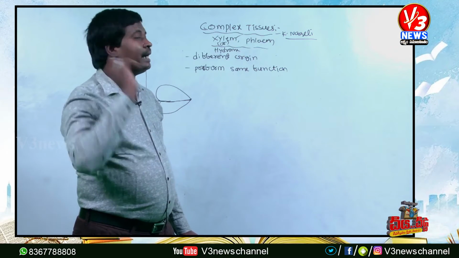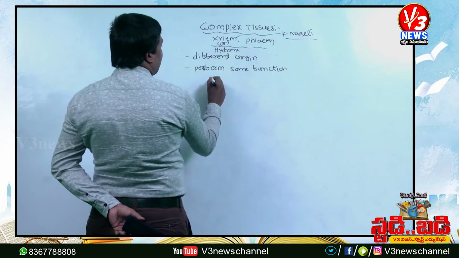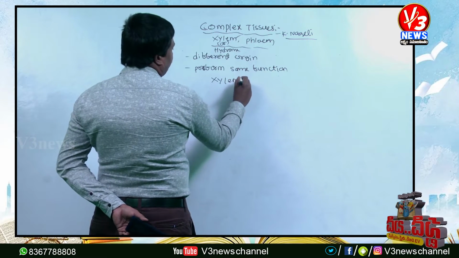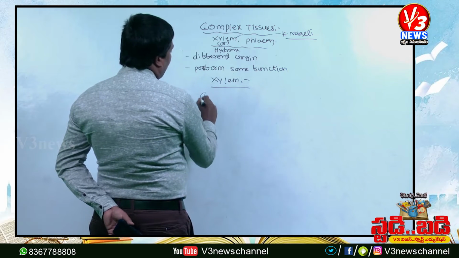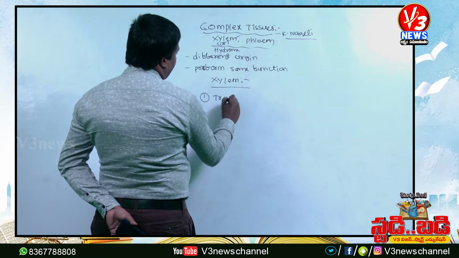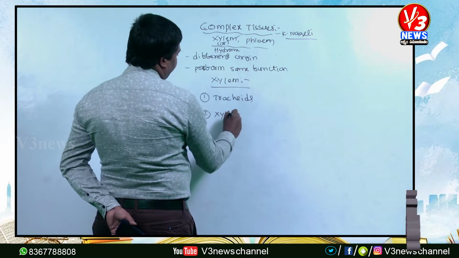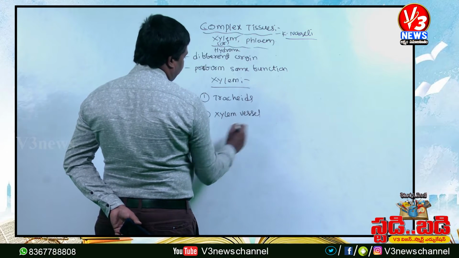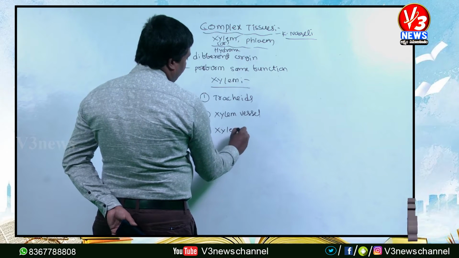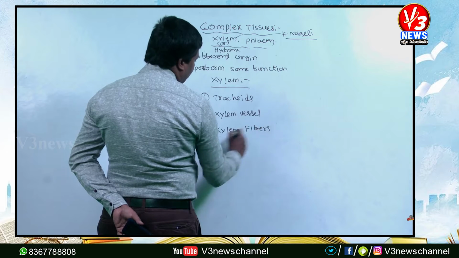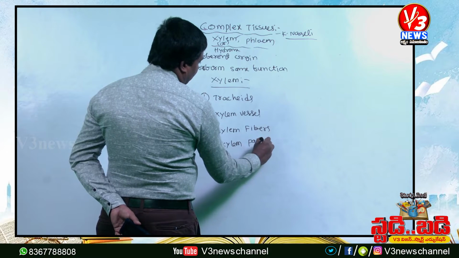Sucrose is a disaccharide. Next, the first complex tissue, xylem. Xylem is a complex tissue containing four kinds of cells: tracheids, xylem vessel, xylem fibers, and xylem parenchyma.